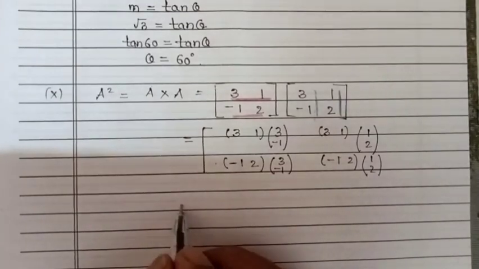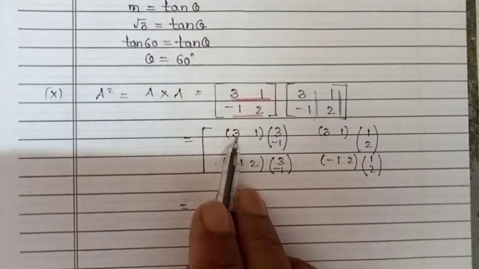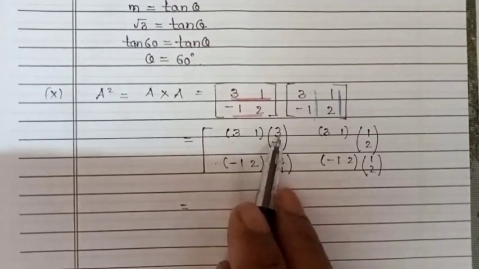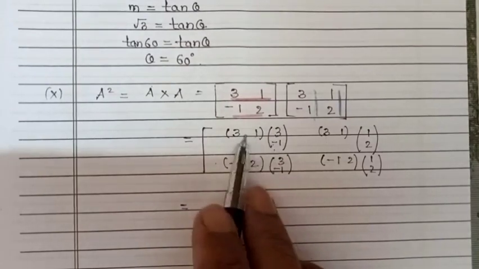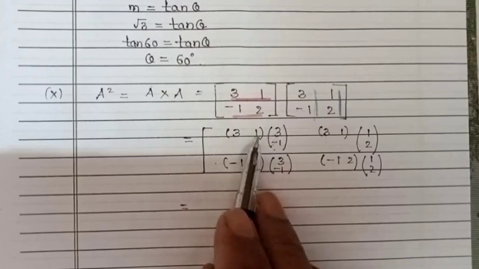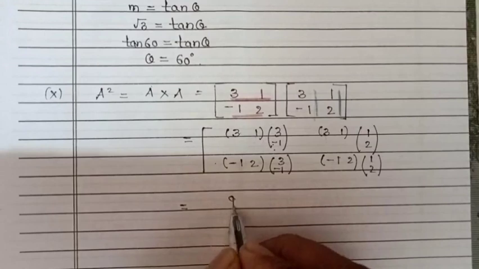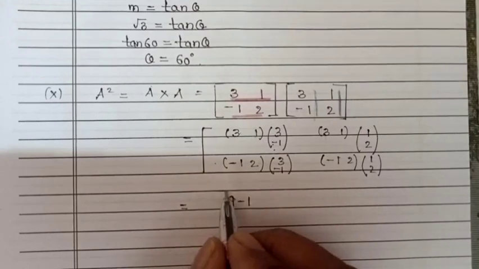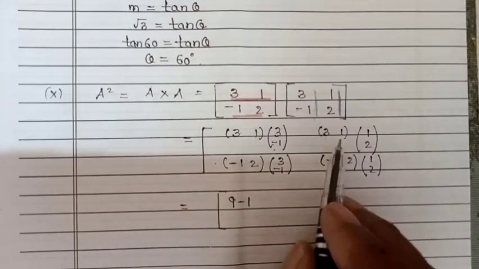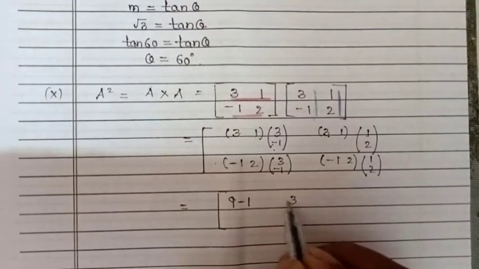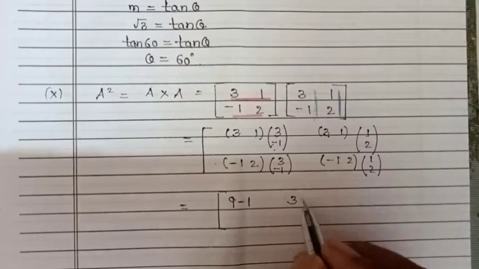Okay, now let's see. You are multiplying the first row by the first column. So first element with the first, second with the second, and they will be added. So 3 3s are 9, and along with 9 you are getting minus 1. So your first element will be 9 minus 1. Now in this one, 3 1s are 3. Along with 3 you are getting plus 2.